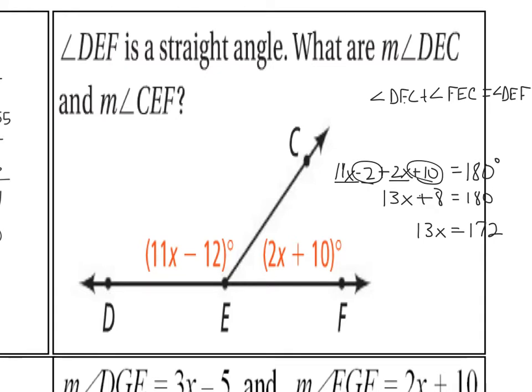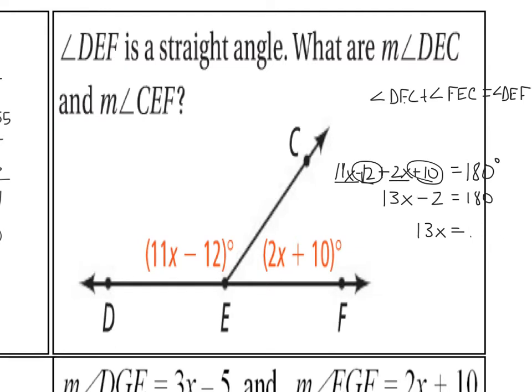And now I noticed I made a mistake here, so I've got to do a little bit of changing. This is supposed to be 12, okay, which is going to change some things. So that's not 8. This is going to be negative 2. Sorry about that.